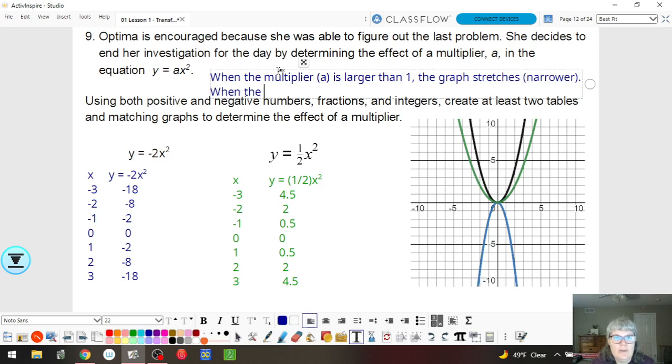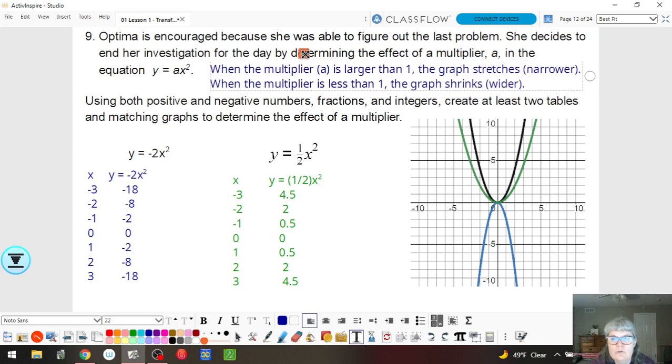When the multiplier is less than 1, and again that's that value of a, the graph shrinks, or gets wider. So those are the transformations we explored with our quadratic function and our basic quadratic function of y equals x squared.